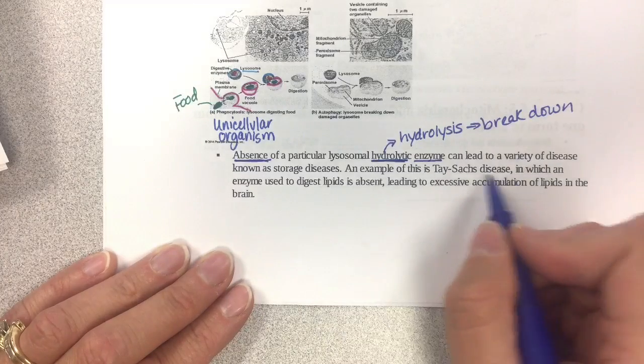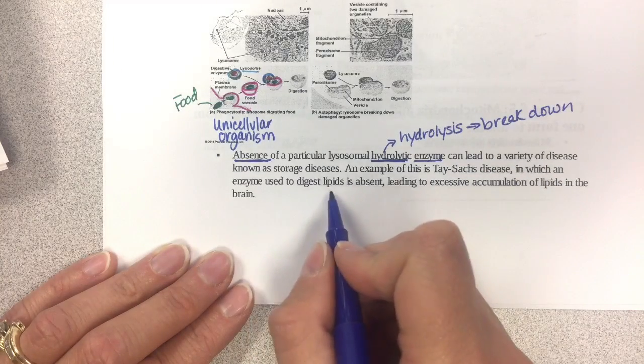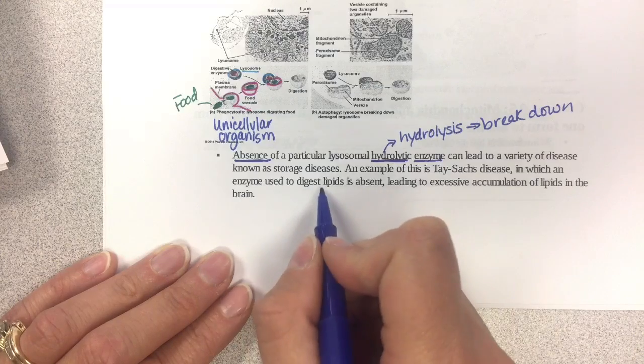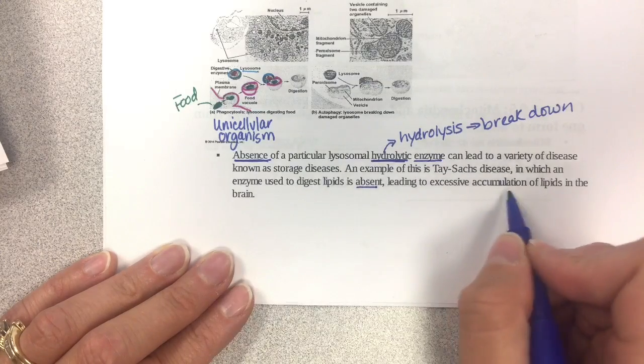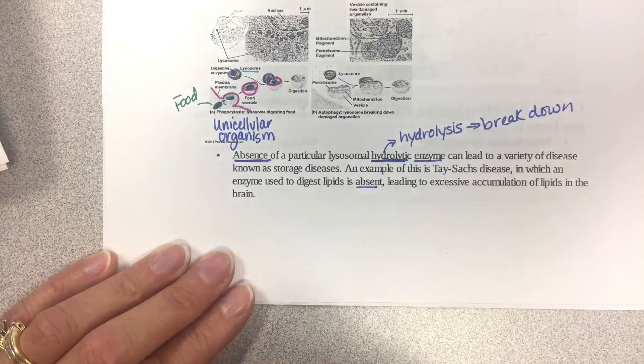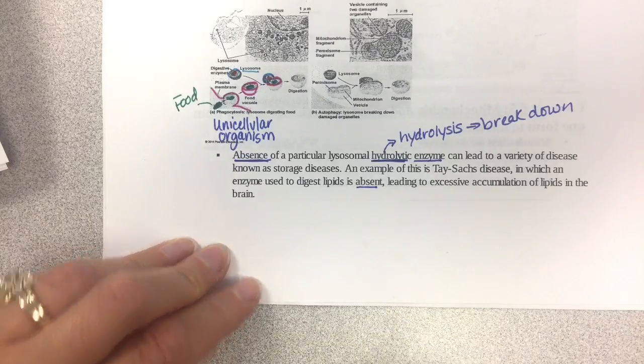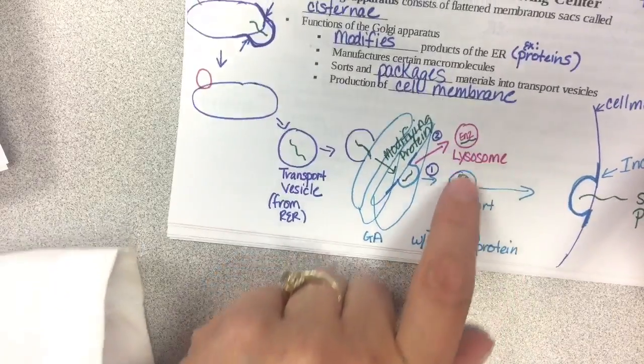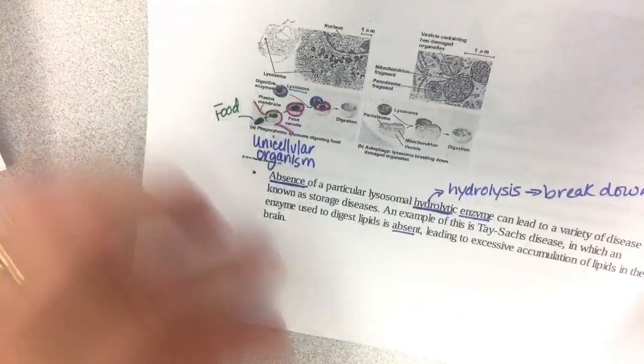So this is Tay-Sachs disease, in which an enzyme used to digest lipids is absent in those people, and so they get accumulation of lipids in the brain, which causes a genetic disorder. And so that is your lysosomes. The lysosomes are also a part of the endomembrane system. And this is where I am going to stop for this video.